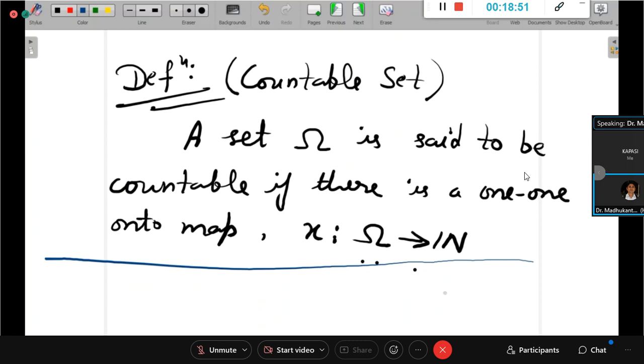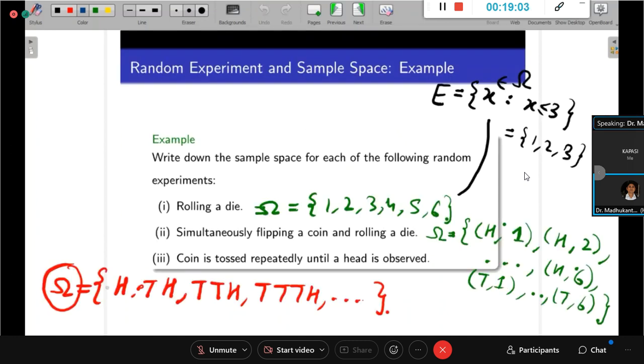You can assign it this way: x of any entry, an individual entry in omega. Let's say this is E0, E1, E2 and so on.